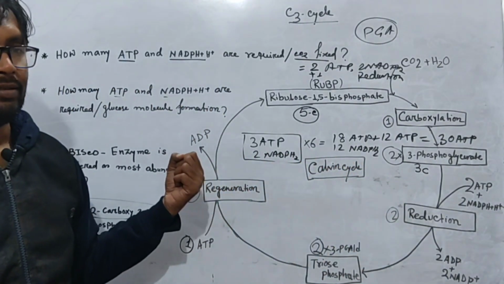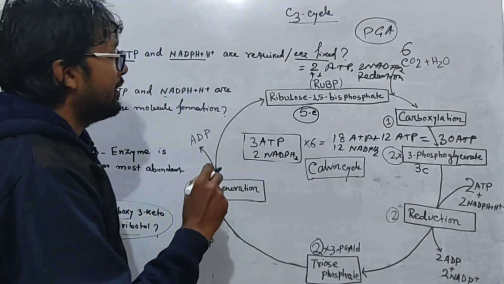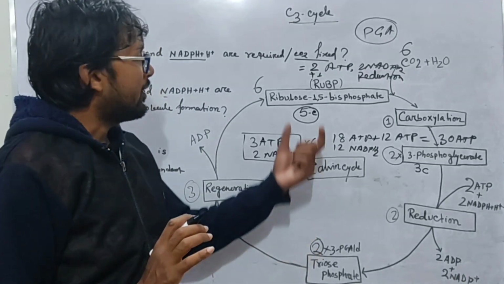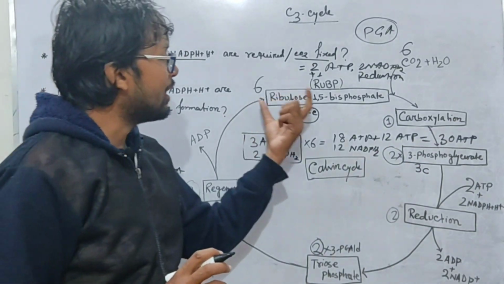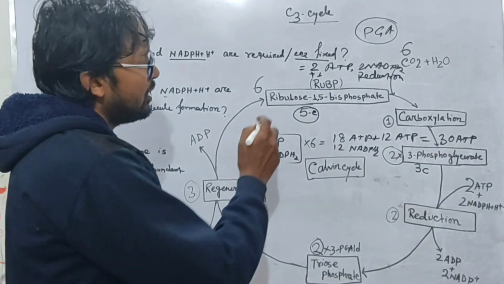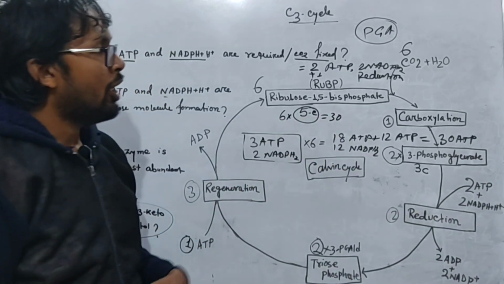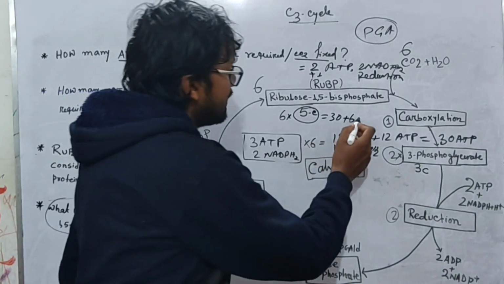Now, if we consider 6 carbon dioxide, 6 RuBP is also required. Remember, for the acceptance of the 6 carbon dioxide, 6 RuBP will be required. So 6 into 5 carbon, how many carbons is that? 30 carbons, and you add the 6 from carbon dioxide, that is 36 carbon molecules.